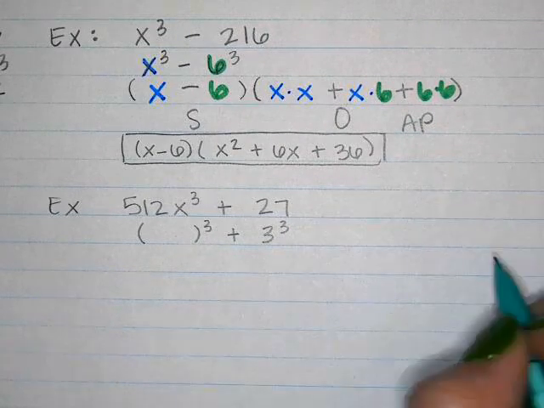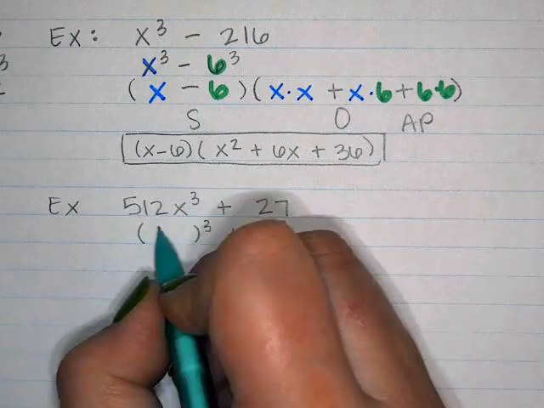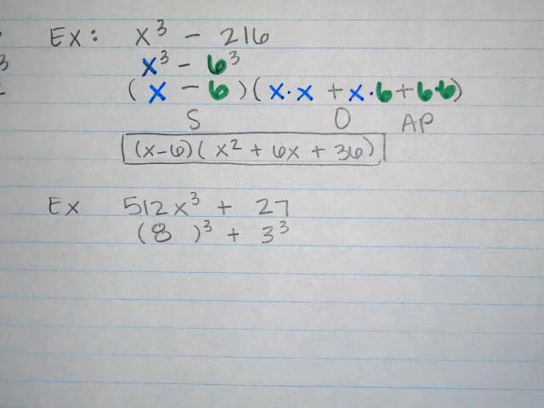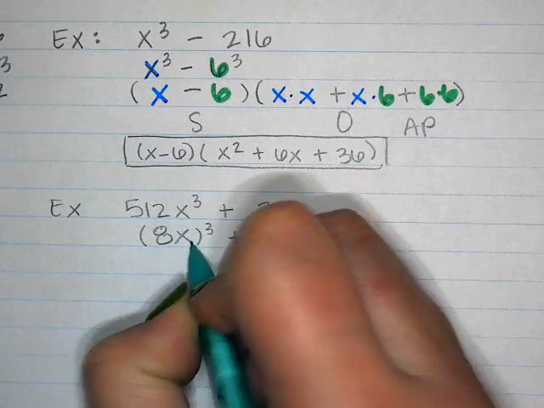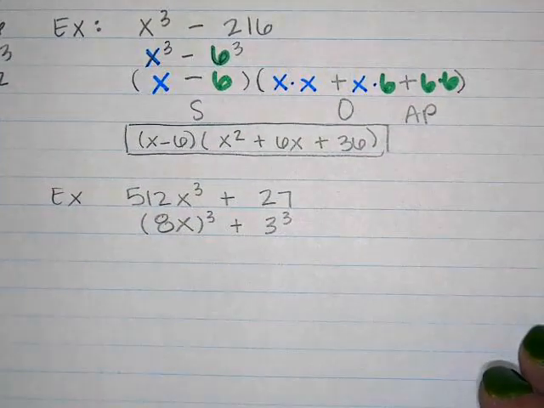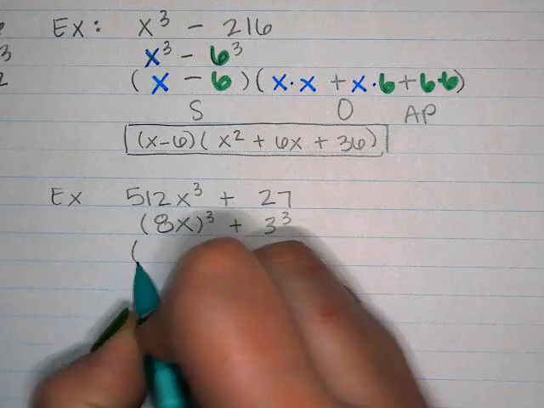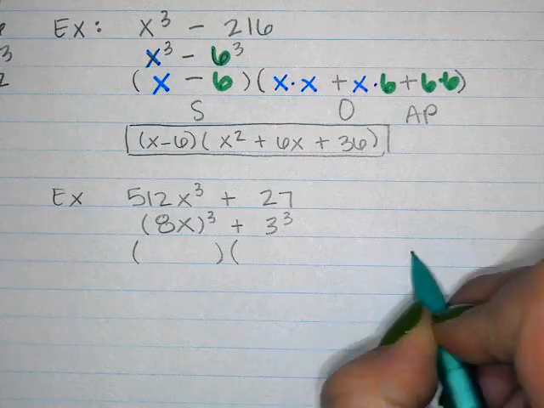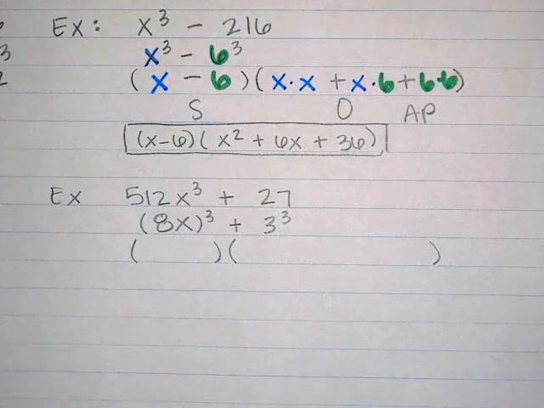8 what? 8x to the third is the first term. Okay. So we're going to have our little set of parentheses and our big set of parentheses. And what should the signs be?